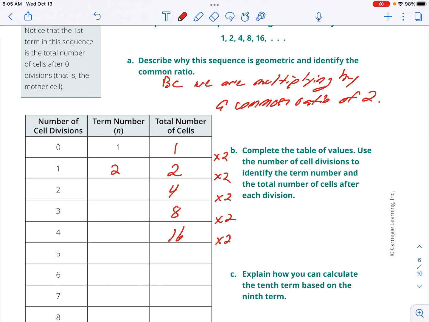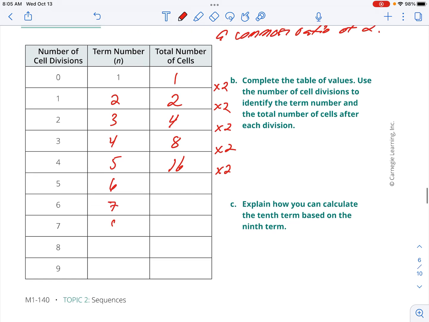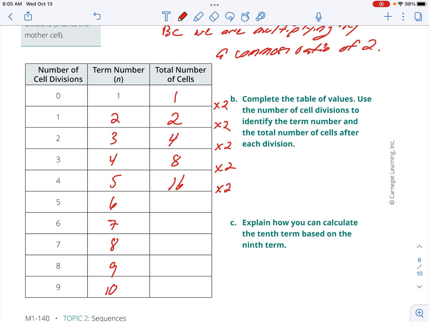The same thing is happening in terms of our terms. They're always 1 off. It's always 1 more because we have that mother cell before any cell divisions happened. So if we continue down that road, keep multiplying by 2, we're going to end up with 512 cells after 9 divisions.